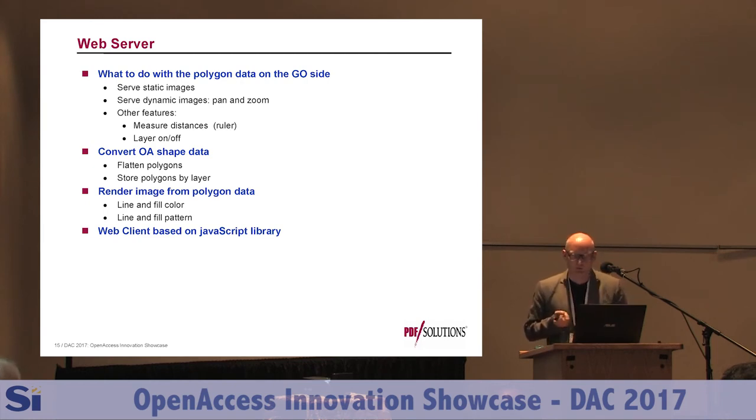But for now, I just push it into my own little OpenAccess database and flatten it out, storing the polygons by layer, which makes it easier to access. Once we have this, we render an image out of this polygon data where we assign line and fill colors and fill pattern, and then we somehow serve it through a web client.